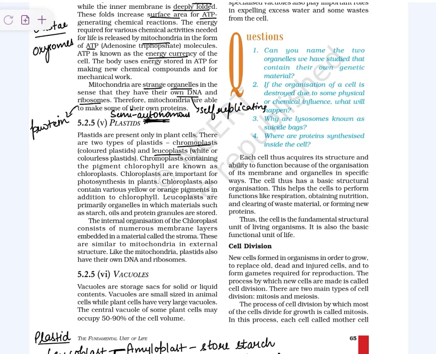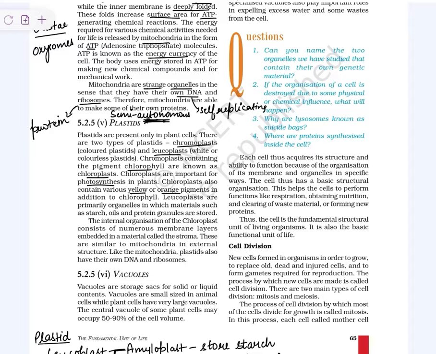Chloroplast comes under chromoplast. So chromoplast containing the pigment chlorophyll, they are called as chloroplast, and they are very much important for the photosynthesis process. Chloroplast also contains some other pigment like yellow, orange.